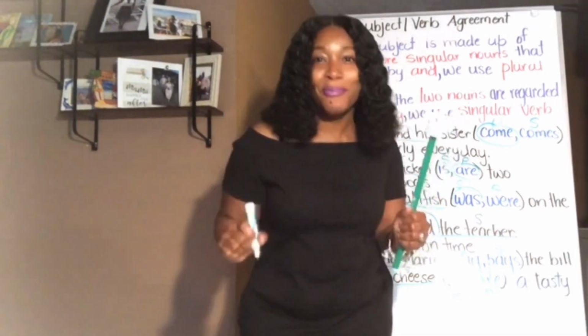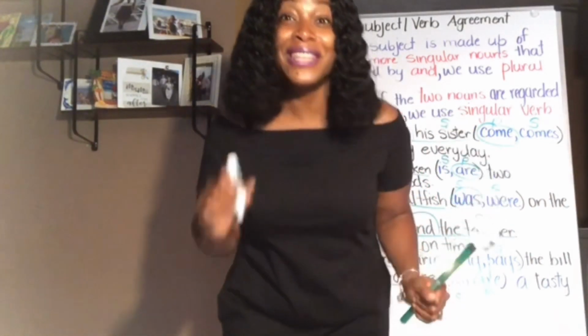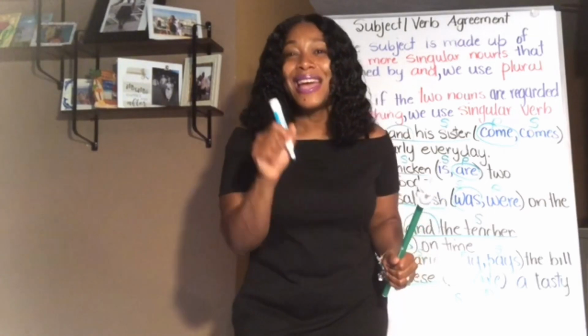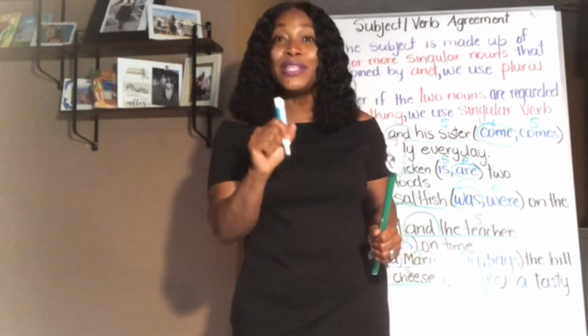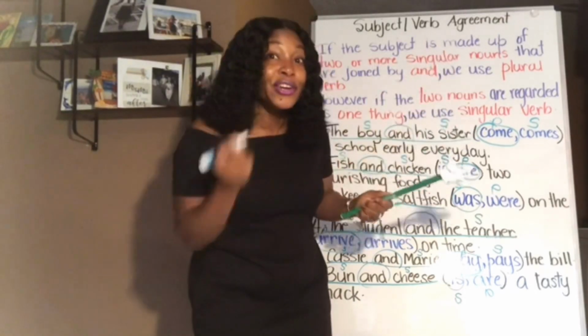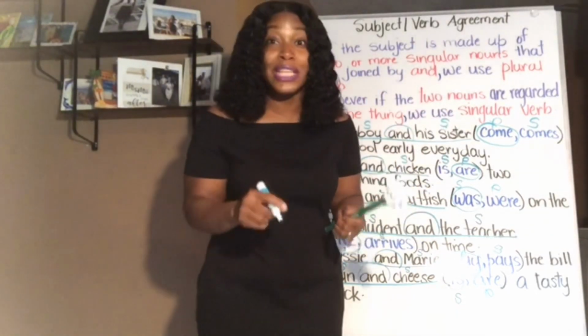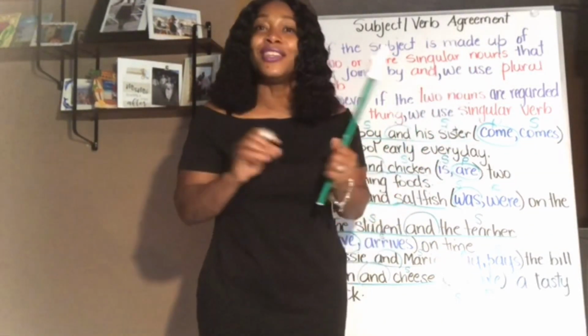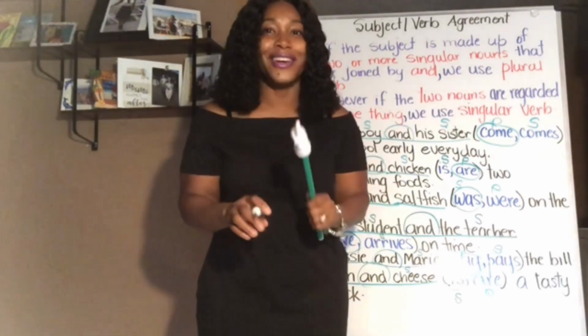Now, I hope you got 4, 5, and 6 correct, because next time we're going to move on to another topic under subject-verb agreement. It's so wide. It's a lot to learn, so we're not done.